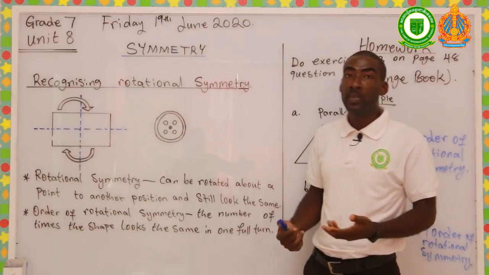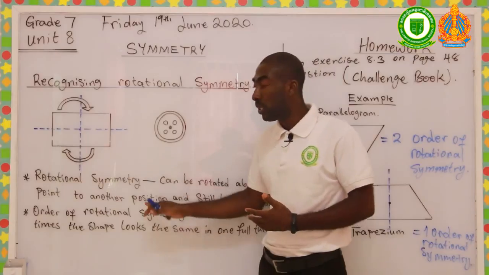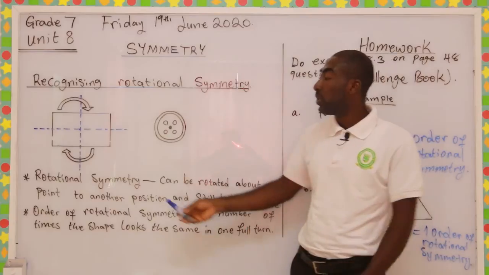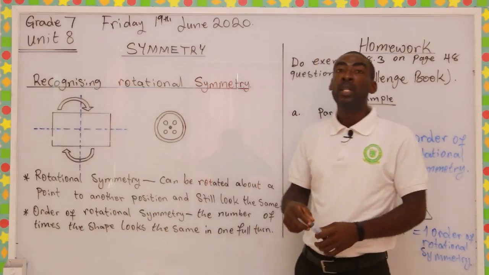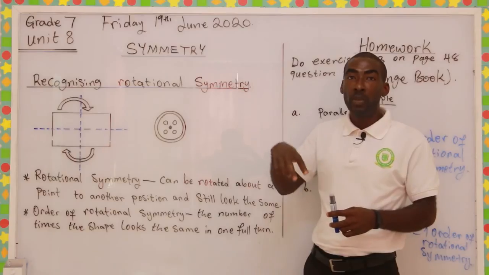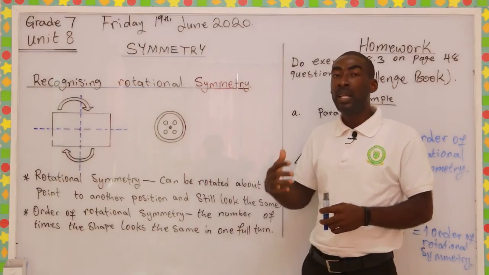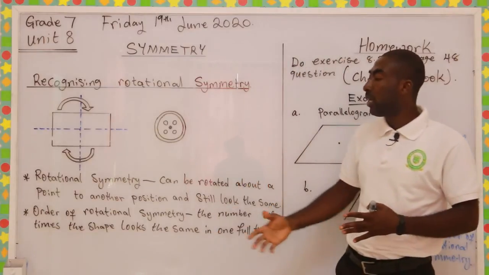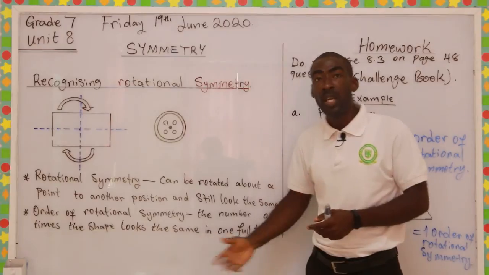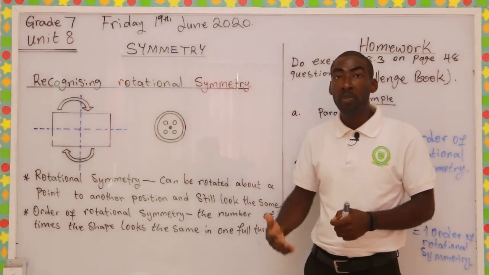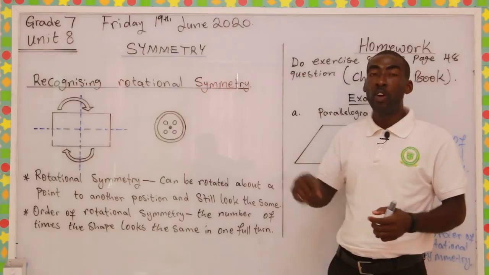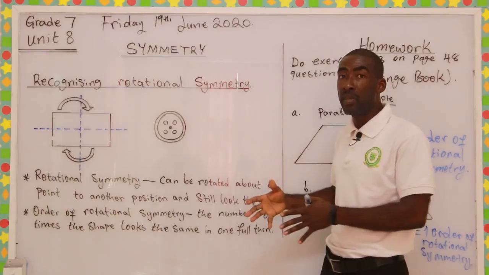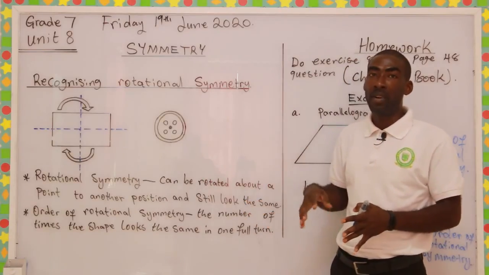To also elaborate more on the difference between rotational symmetry and that of order of rotational symmetry. First, rotational symmetry means the movement of the shape from one position to another that still makes the object look the same. And then the order of rotational symmetry is the number of times that you move this object from one position to another and still looks the same, to have a complete turn around.